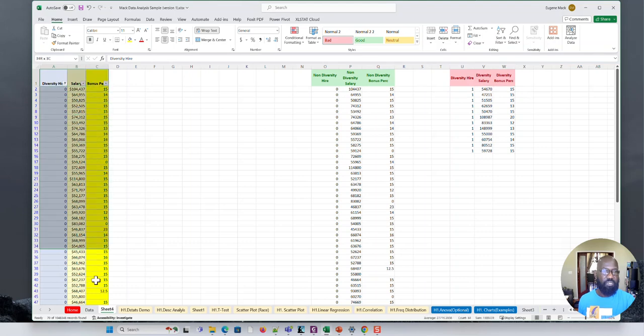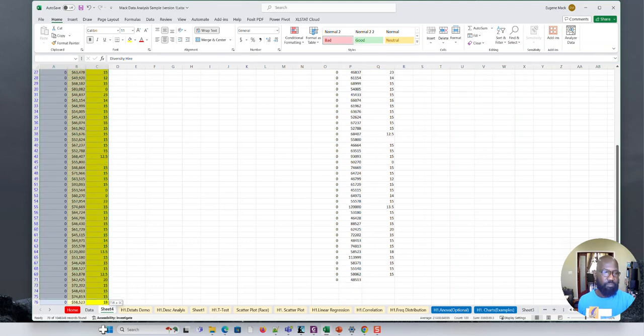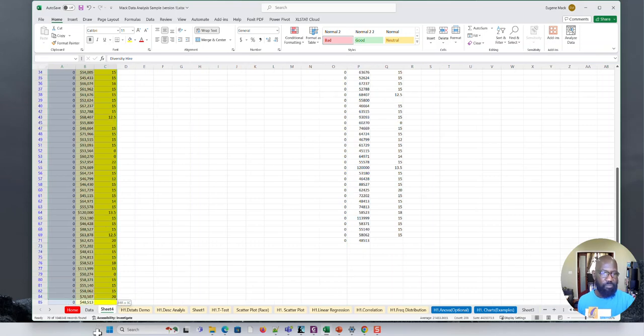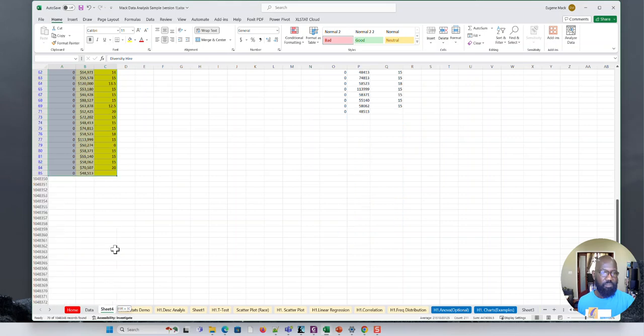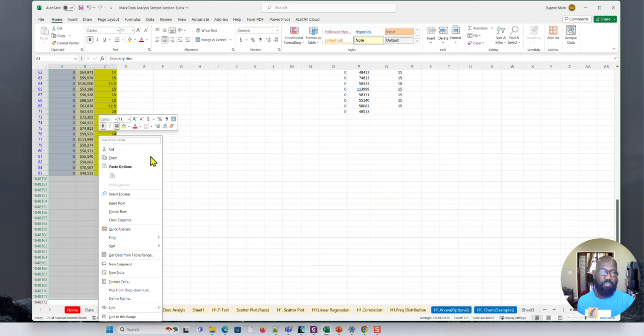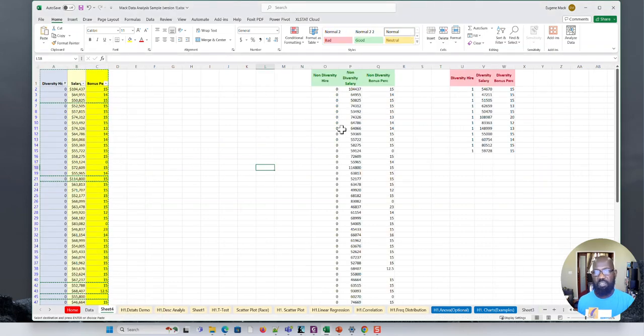You're simply going to take that data and you're going to copy and paste. All right, so you would copy and essentially paste the data here.